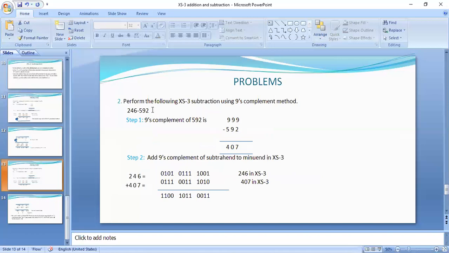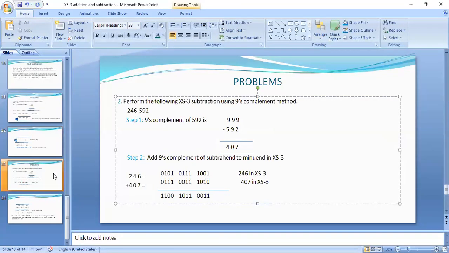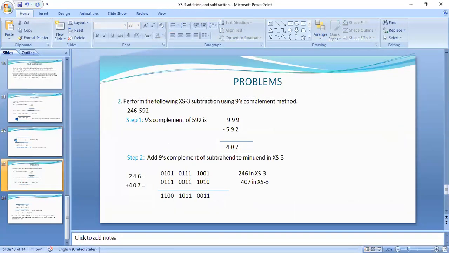First step, find the 9s complement of the subtrahend by subtracting each digit from 9. What we get here is 407. After finding it, add the 9s complement of the subtrahend to the minuend in excess-3.